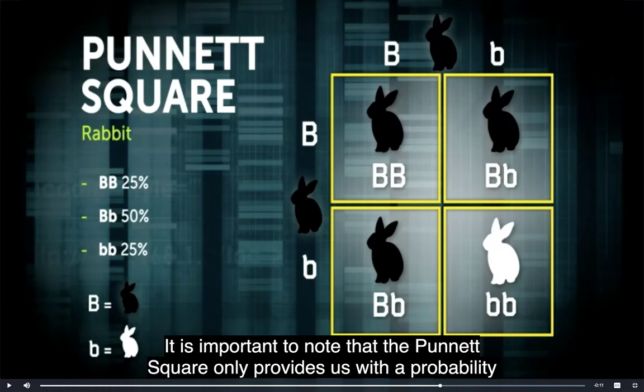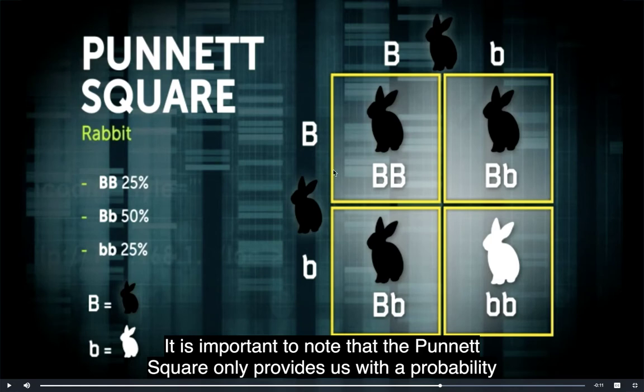So that white allele is going to be masked or hidden by that dominant allele. The only way that the rabbit will have a white coat is if it inherits two of those recessive alleles, two of those lowercase b's for the white coat.